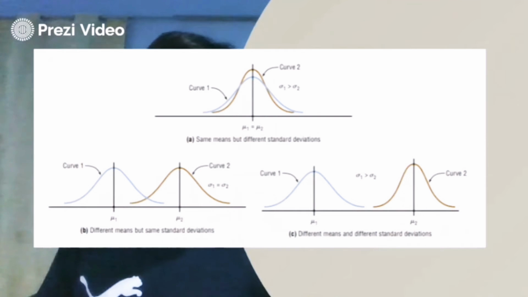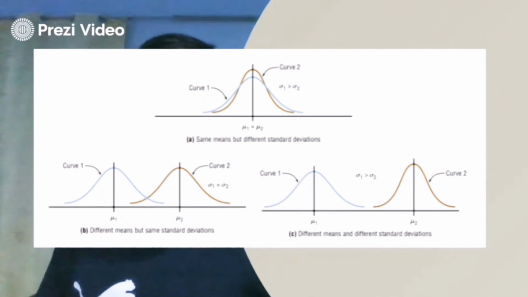We can see here there are three different types of graphs. The first graph, graph A, tells us that the graphs have the same means but different standard deviations. So the height of the curve differs when there are different standard deviations given that the means are the same.